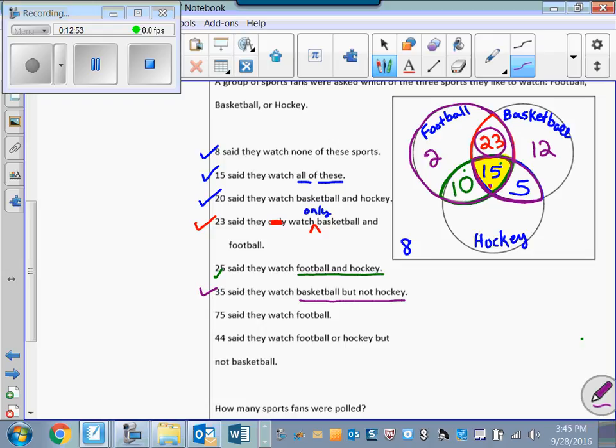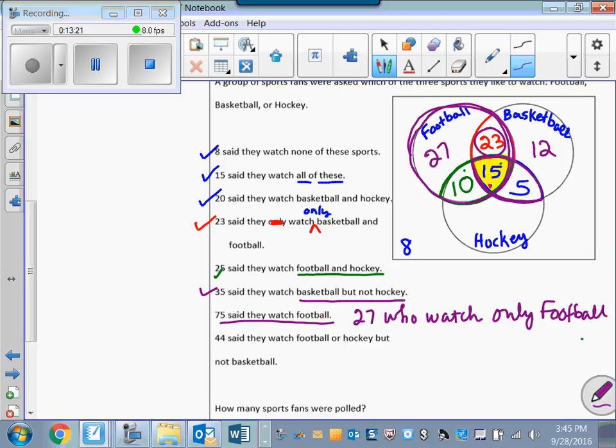So 27, maybe I said 25, but since 75 watch football, all those numbers inside the football circle have to add up to 75. And that means I got 27 who watch nothing but football, who watch only football. That's what that tells me.